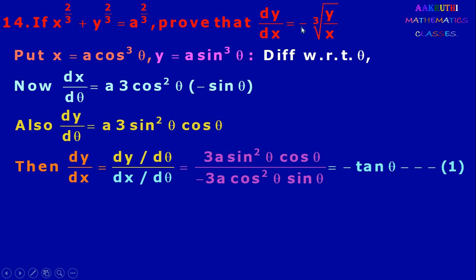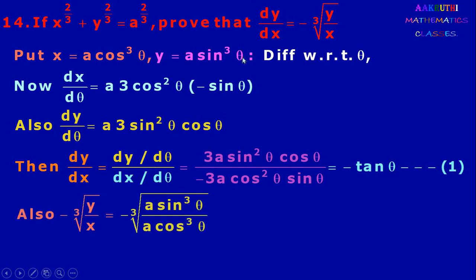So next we find minus of cube root of y by x. So minus cube root of y by x is, so y value is a sin cube theta. So it is minus cube root of a sin cube theta and x value is a cos cube theta. So it is a cos cube theta. A get cancelled, sin cube theta by cos cube theta is tan cube theta.